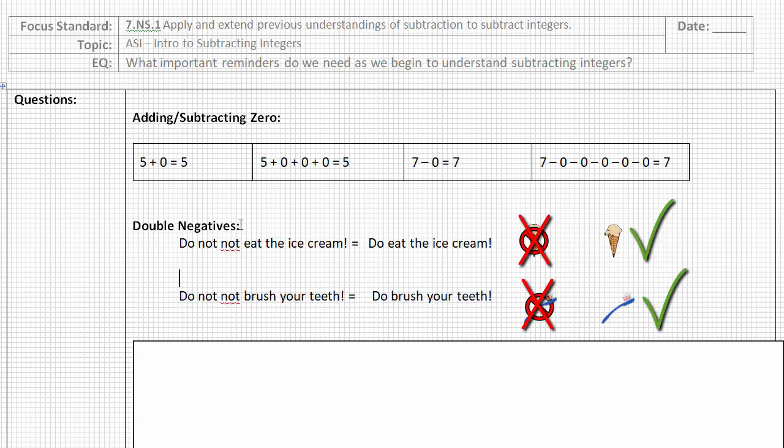When we use a double negative, it actually equals a positive. And so we're going to be looking at some subtraction problems where we see subtracting a negative, which is a double negative. And when we do a double negative, it's actually a positive. So we're going to see a little bit today how that plays out in subtracting integers.